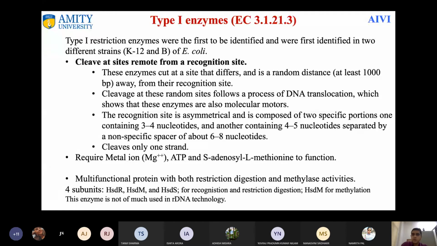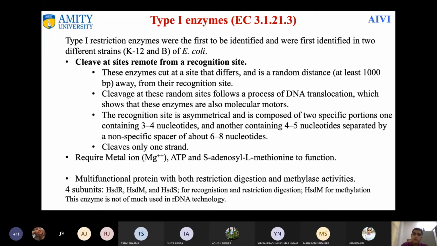Then coming to the second thing, the requirement of cofactor. Yes, it needs cofactors. What type of cofactor does it need? It needs magnesium ion for its activity, it needs ATP, and also SAM, S-adenosyl L-methionine. If you don't give these 3 things, divalent magnesium, ATP, and SAM, then your type 1 enzymes are not going to function.